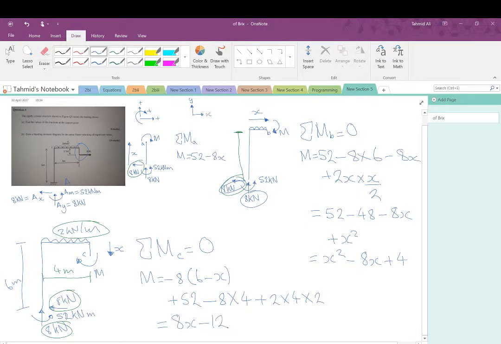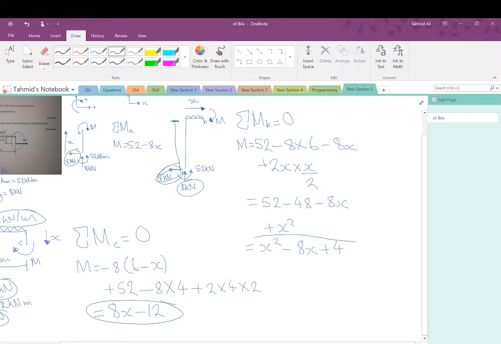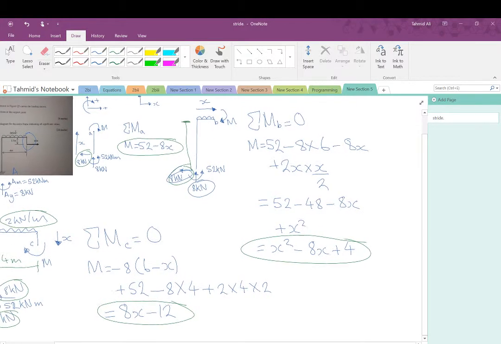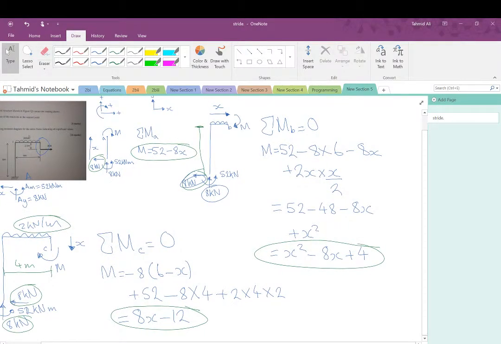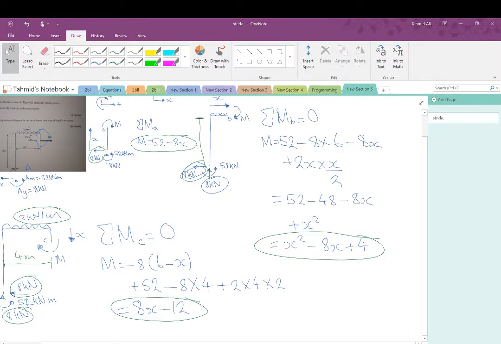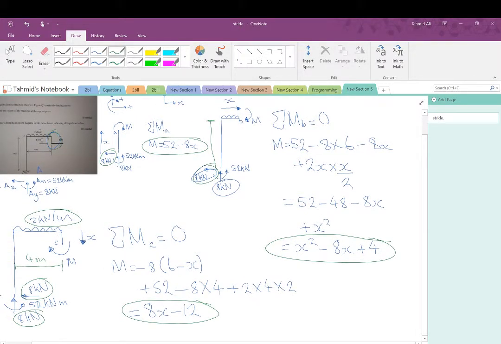So at the end of this, we've got 3 equations. We've got this equation, this equation, and this equation. And basically now we can draw the bending moment diagram. However, I said for this part there are 2 ways of approaching it.